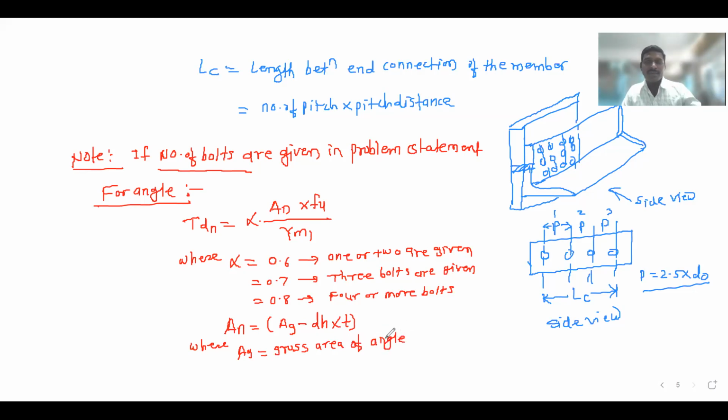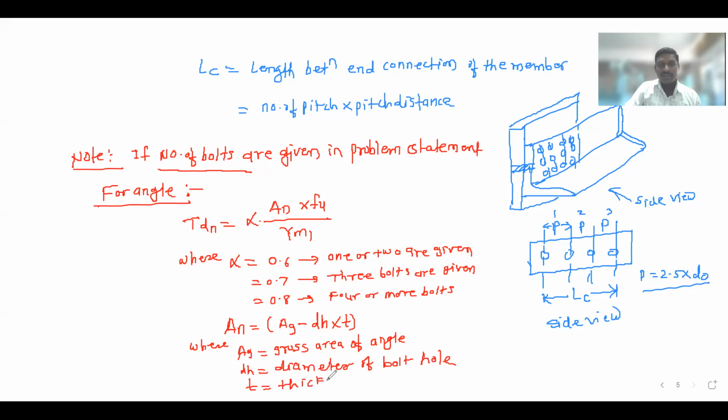Because we are seeing here the formula for angle only, if an angle section is given, or we have to use an angle section as a tension member, the gross area of angle. Then DH is equal to diameter of bolt hole, and T is equal to thickness of angle.